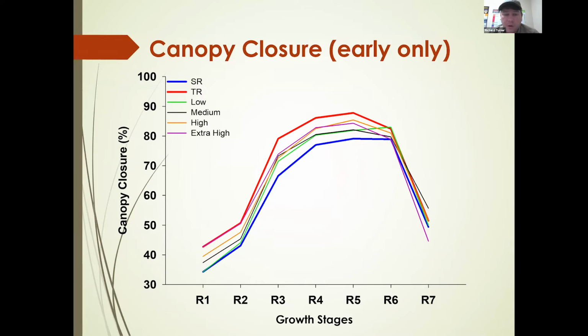The further along in the growing season we got, the margin of error started merging. The single row and twin row got a lot closer, as well as the planting populations. So they didn't impact canopy closure later in the growing season, but as I stated earlier, that R1 growth stage is critical.